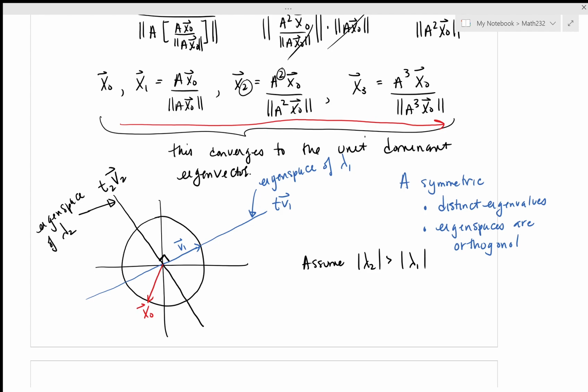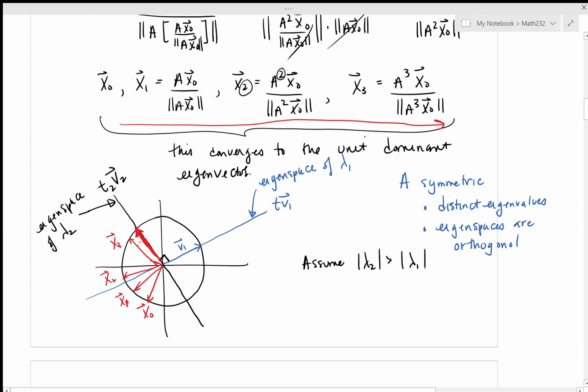So what we do is we select x naught, then we calculate x1, then we calculate x2, etc., etc., etc. And what happens is they move like this: x1, x2, x3, etc., closer, closer, closer, until after a number of iterations, we are effectively here. So it converges onto there.